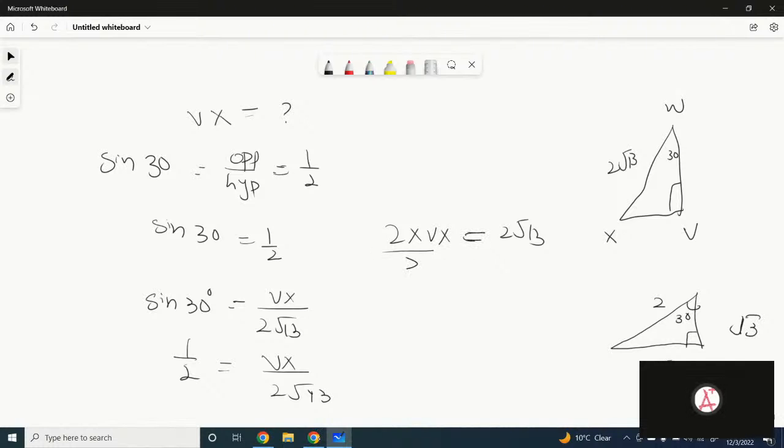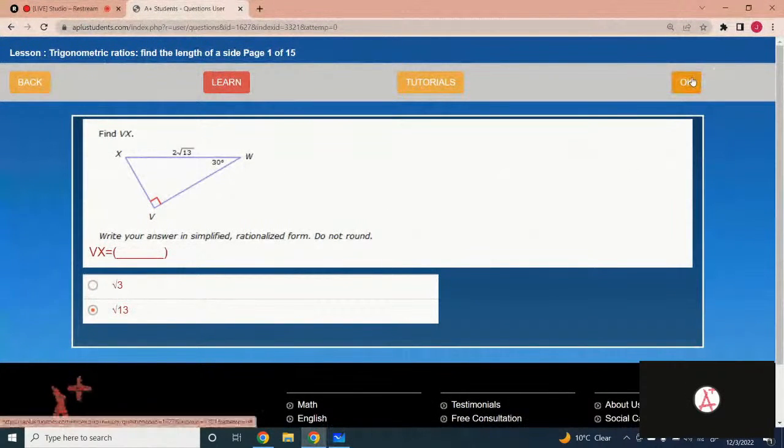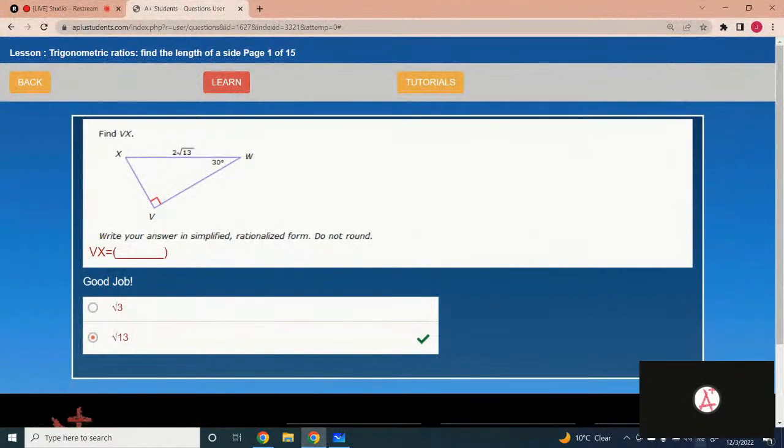Divide both sides by 2 because you have to find the value of Vx only. So Vx equals square root 13. Got it? Just select the correct option and then click on the OK button.